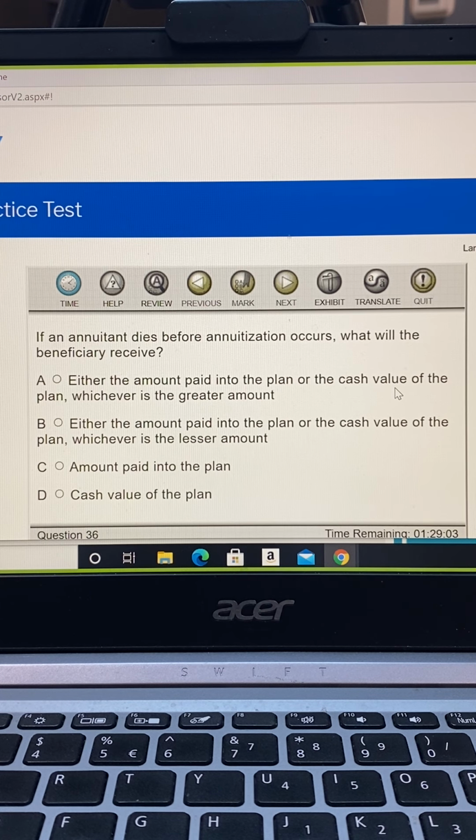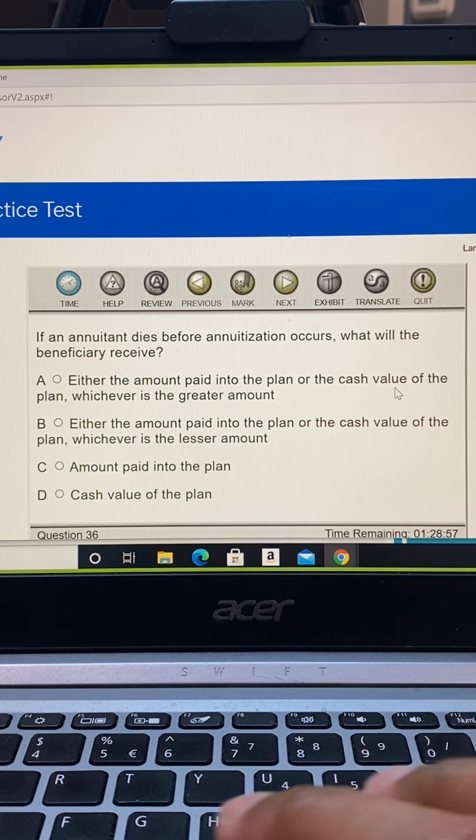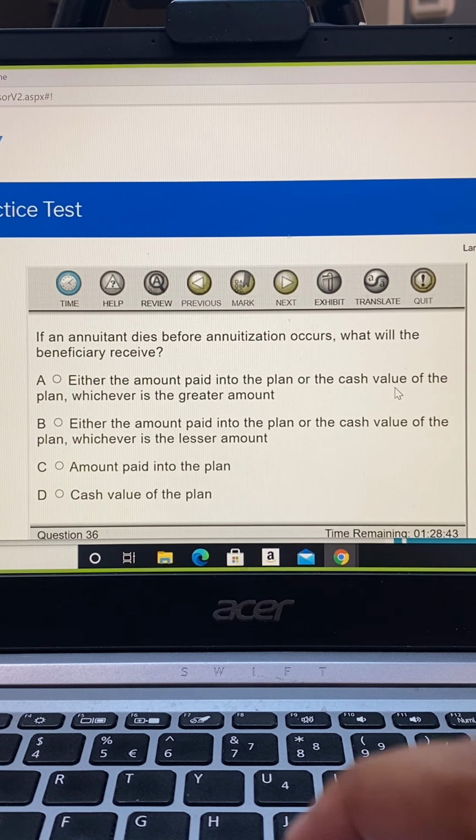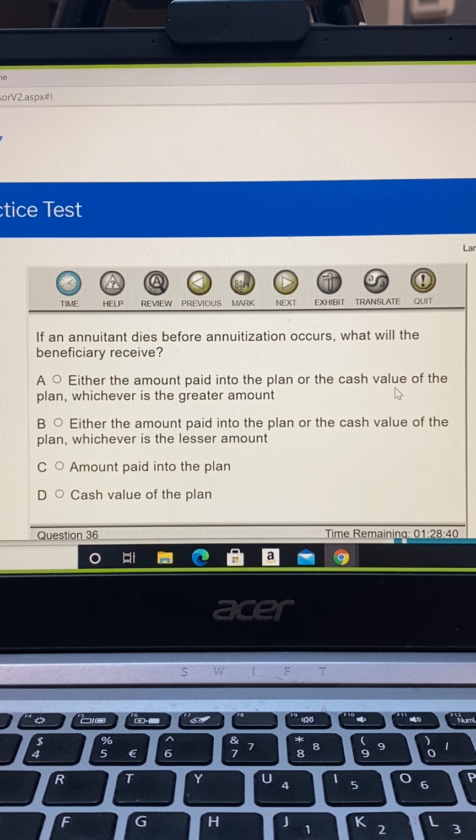If an annuitant dies before annuitization occurs, what will the beneficiary receive? The beneficiary is going to receive the amount of the money. Is it the cash value minus withdrawals? Is it B? Yeah, either the amount paid into the plan or the cash value of the plan, whichever is lesser.